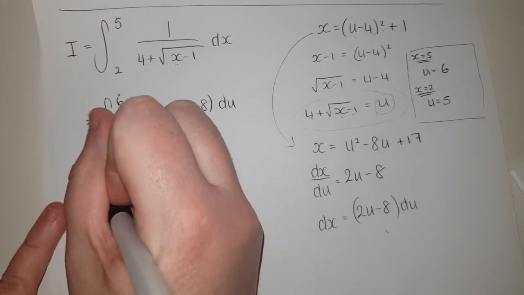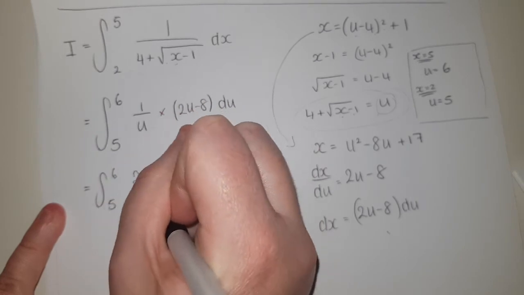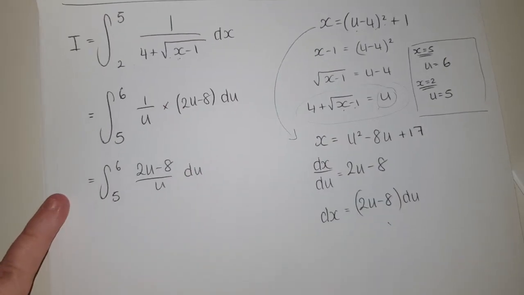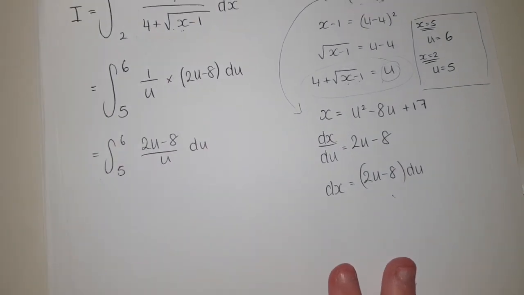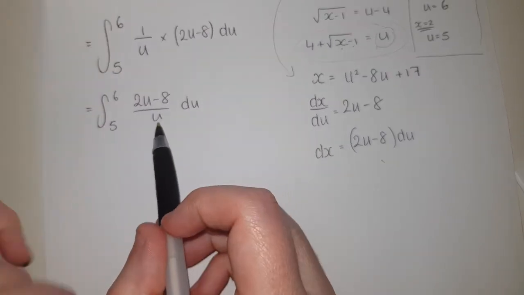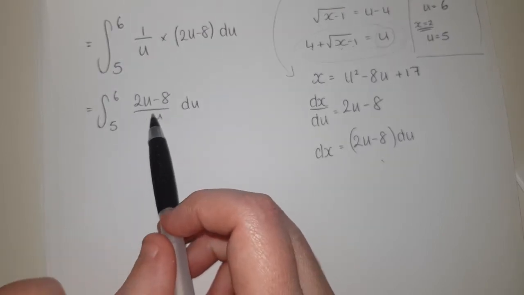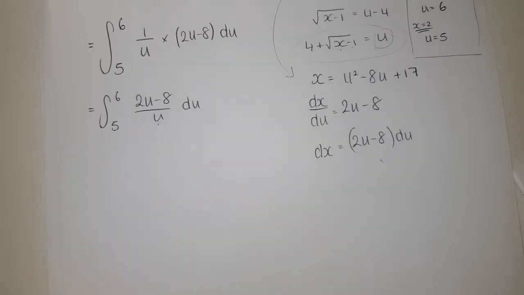So first things first, dealing with something like this, it's not one of our ones that's going to come out as logs, not as it is anyway, because if you differentiate u, you get 1, and I've still got a u on the top, so I'm not going to go straight for logs.